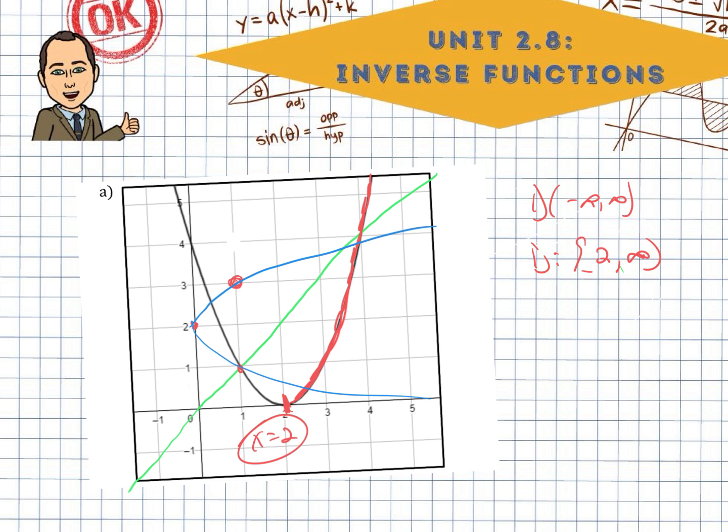What you have to remember is that every inverse is a reflection across the line y equal to x for its original setup. Well, if you take a look here, this top half is a reflection of what I have.